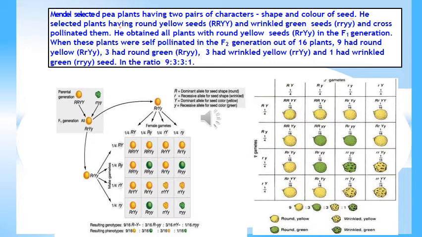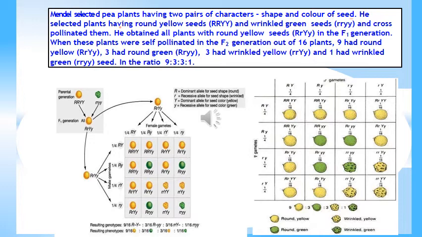When these plants were self-pollinated in F2 generation, out of 16 plants, 9 had round yellow, 3 had round green, 3 had wrinkled yellow and 1 had wrinkled green seed in the ratio 9:3:3:1. Now children, here you have to sit with your bio notebook and you will be copying this. I will tell you what you are supposed to copy. You can see here parental generation.